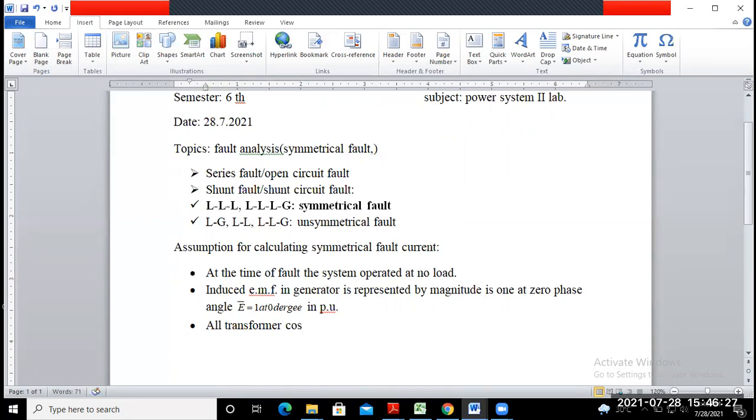All the transformers in the power system are represented only by the leakage reactance of the transformer.